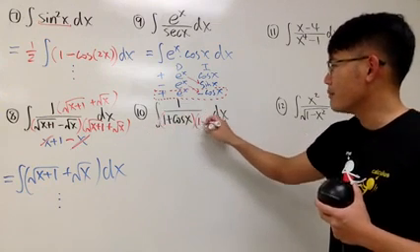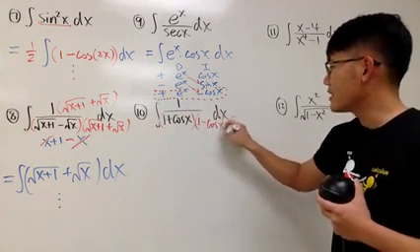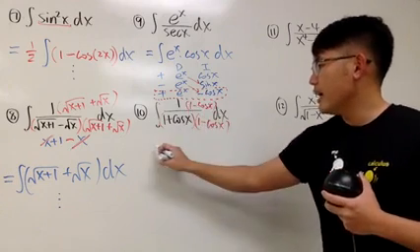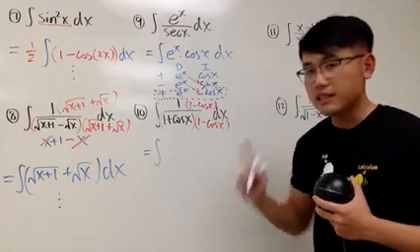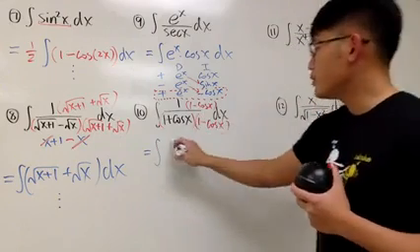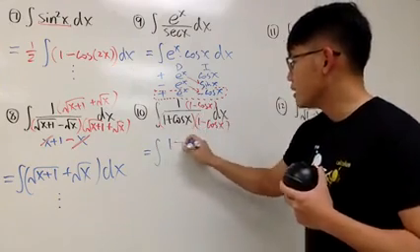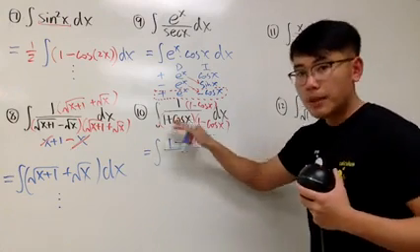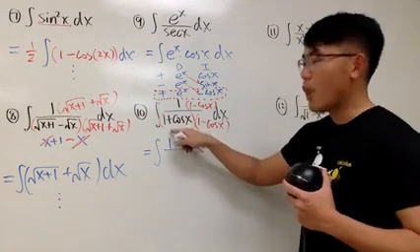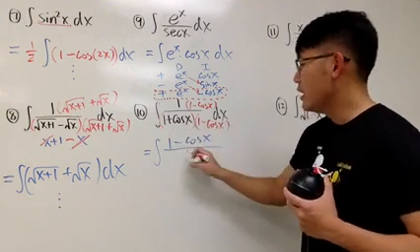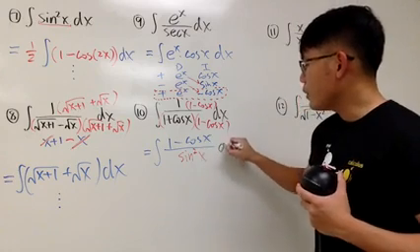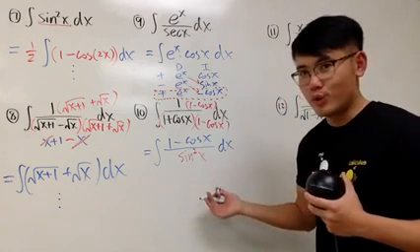Let's do it like 1 minus cosine x on the bottom and also on the top. And you will see that the top is just this, which is 1 minus cosine x, and on the bottom, when you multiply this out, you get 1 minus cosine squared. In other words, we get sine squared x. And now we have more things to work with.